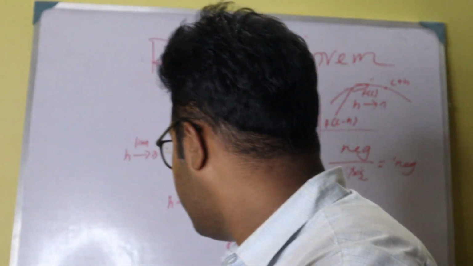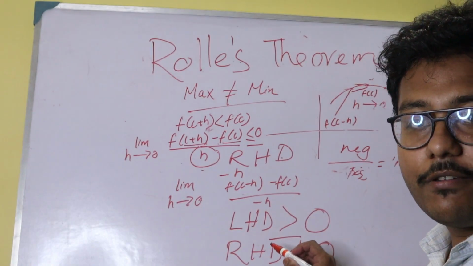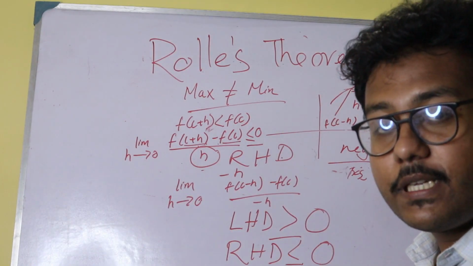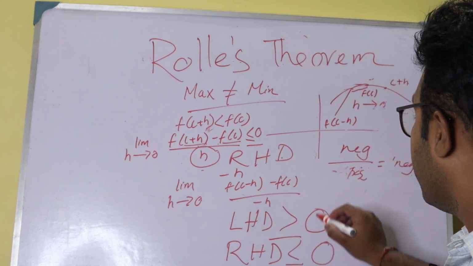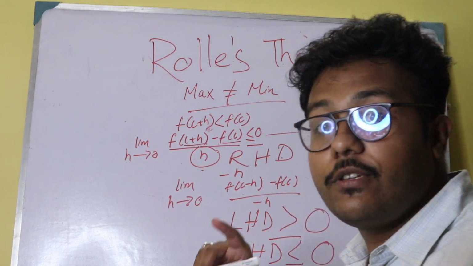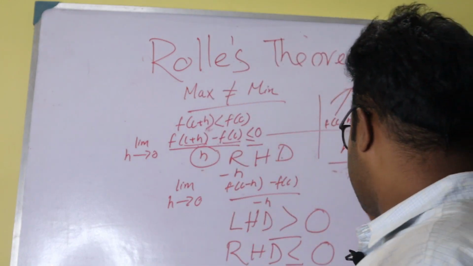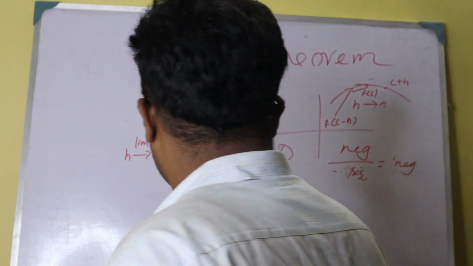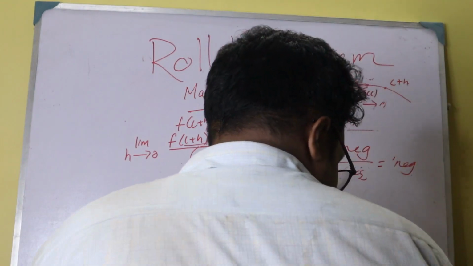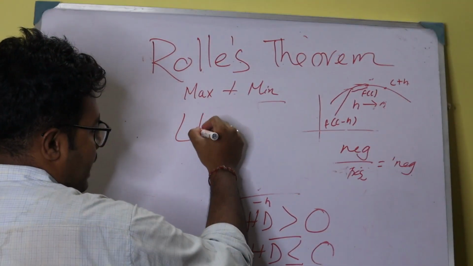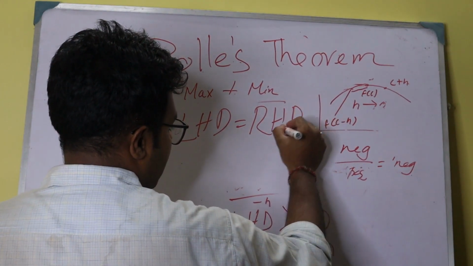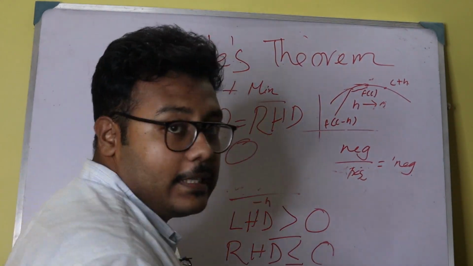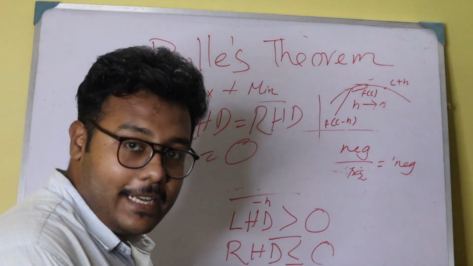That is, LHD is less than or equal to 0 and RHD also less than or equal to 0, which means they will only be equal when LHD equals RHD equals 0. That is, my god, there is no place to write, I have to rub it. This LHD is equal to RHD is equal to 0. This will be the thing, right?